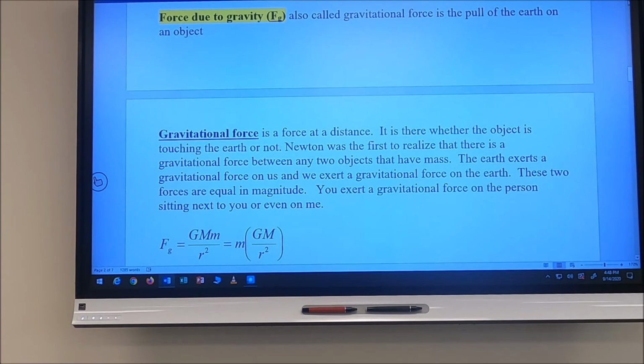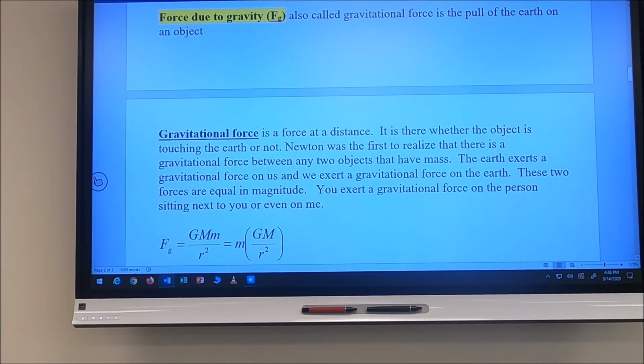You exert a gravitational force on a person sitting next to you, or on your pencil, or on the chair, the TV, okay? But because we have very little mass, and a pencil in the grand scheme of things has very little mass, the gravitational force is very, very tiny.